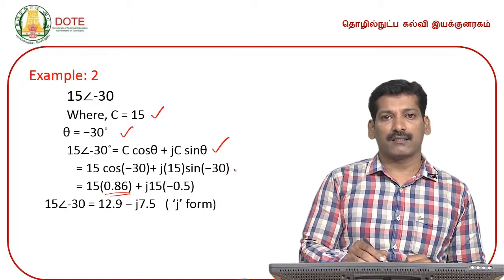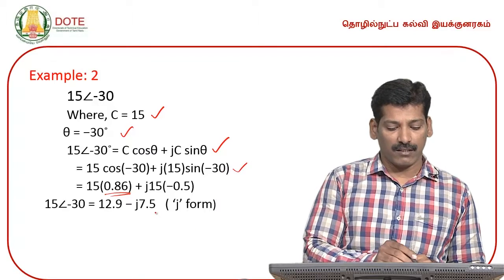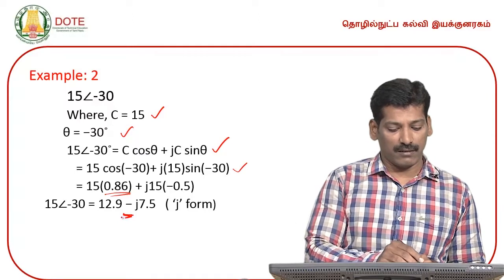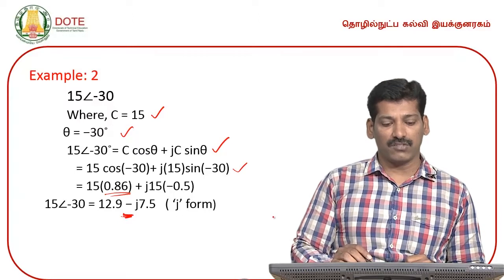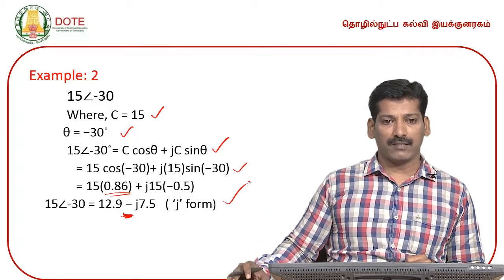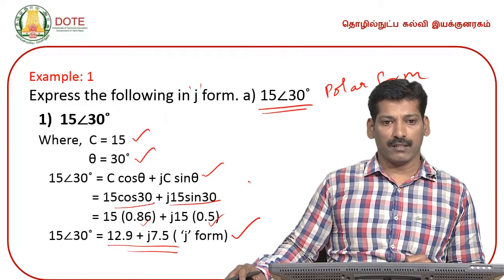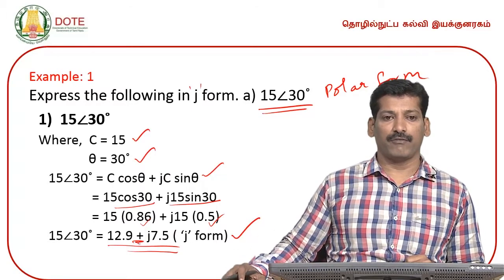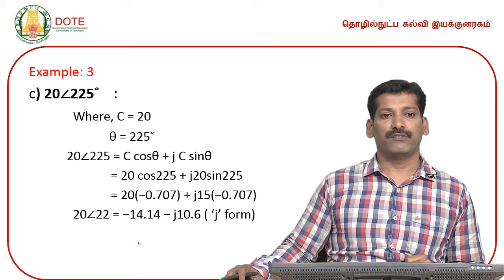Sin of minus theta is minus sin theta, so you can see the sign has changed to negative. So, 12.9 minus j 7.5, whereas earlier it was 12.9 plus j 7.5. Now we will move on to example 3.